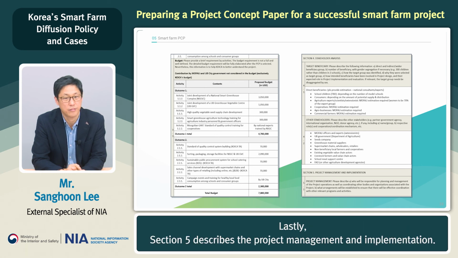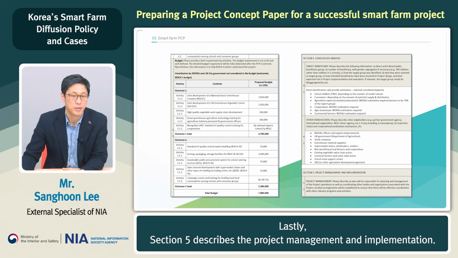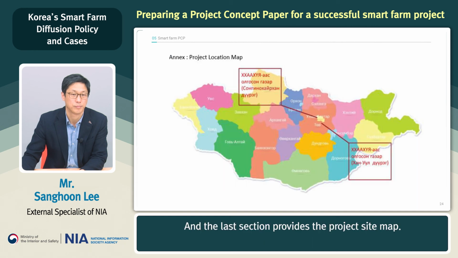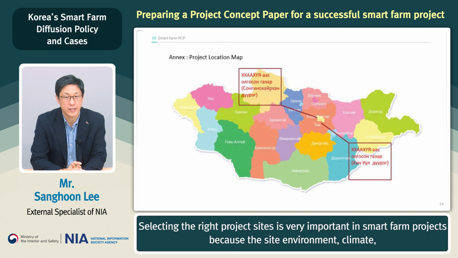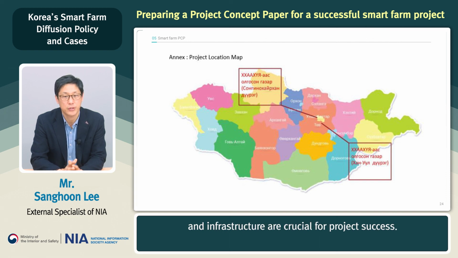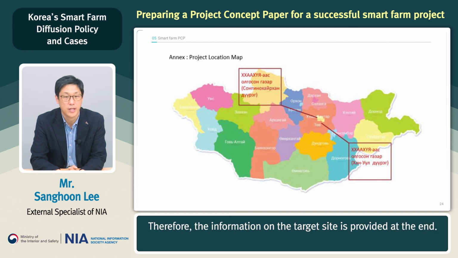And lastly, Section 5 describes the project management and implementation. And the last section provides the project site map. Selecting the right project site is very important in smart farm projects because the site environment, climate, and infrastructure are crucial for project success. Therefore, the information on the target site is provided at the end.